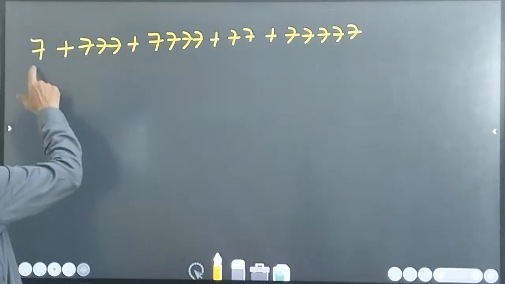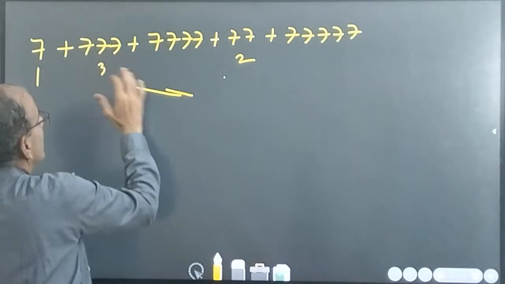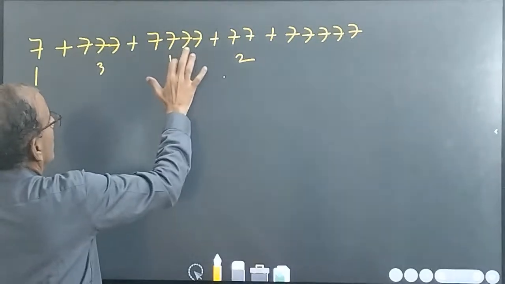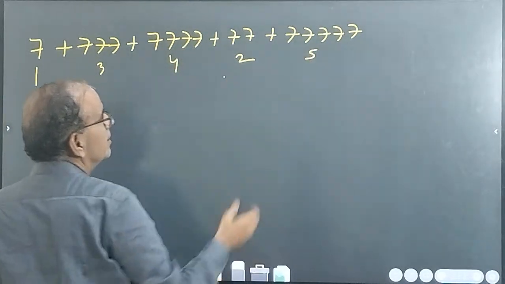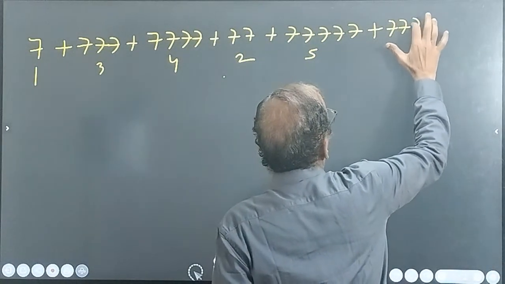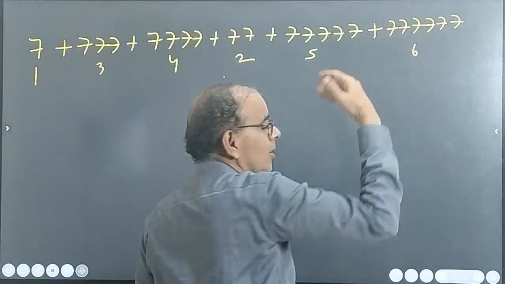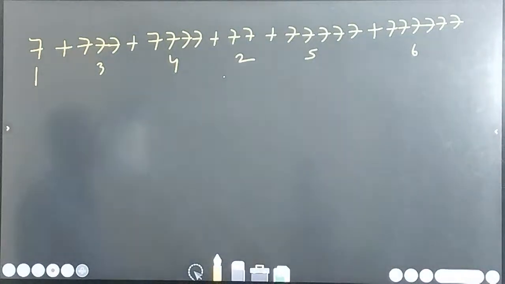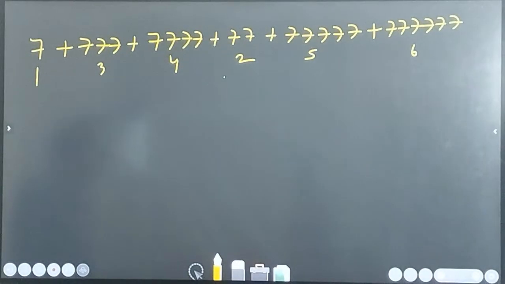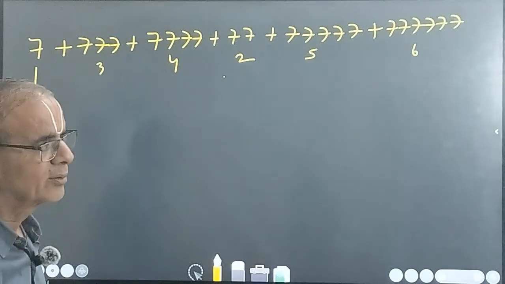First you check how many sevens are there. 1, here 2, here 3, here 4, here 5. It is in order, right? Just you have to check whether the same number is there, whether all the orders are there. 1, 2, 3, 4, 5, 6 is there.